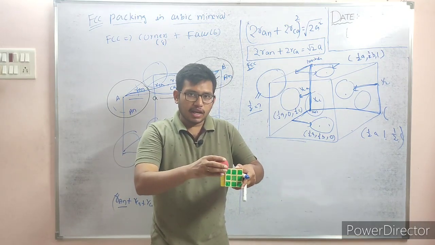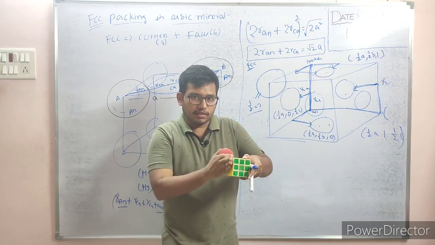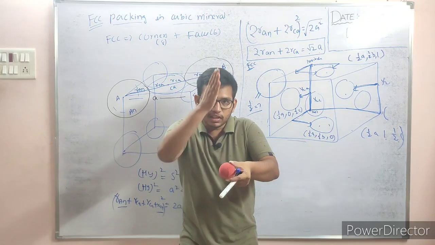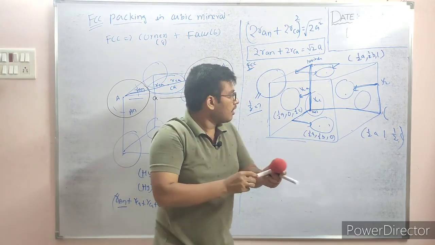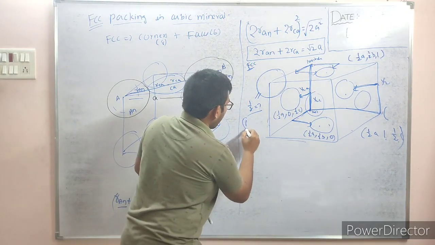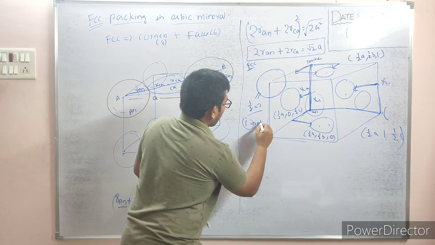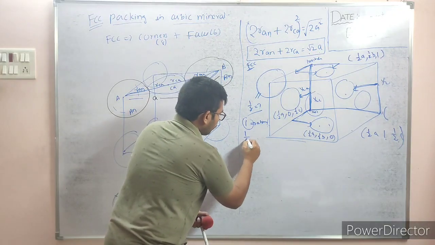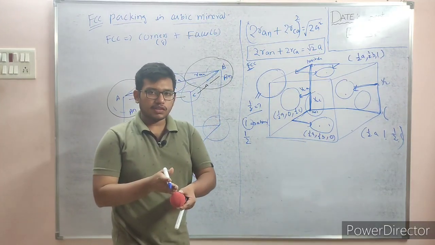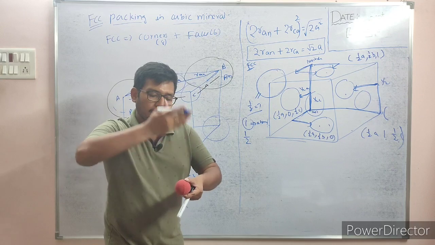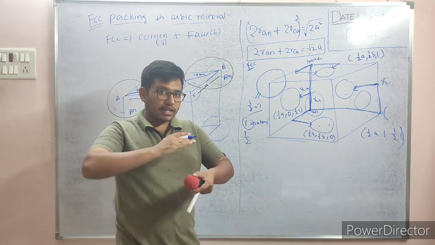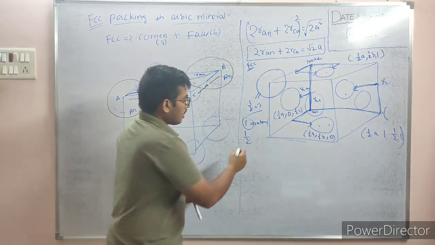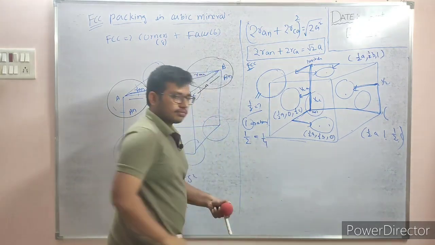So when this sphere is cut into half, first half like this, one atom becomes 1/2 because it is half an atom. Now we are cutting along this direction because the cube has 3 faces, then it will become 1/4.